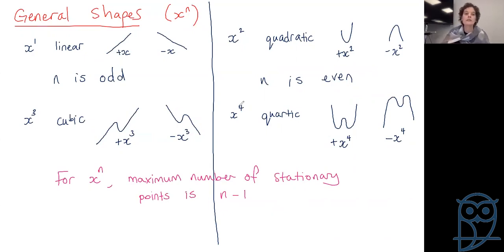So we can see that's right. For x to the 1, 1 minus 1 is none, we have no stationary points. 2 minus 1 is 1, we have 1 stationary point. 3 minus 1 is 2, there's 2 stationary points. And 4 minus 1 is 3: 1, 2, 3 stationary points.